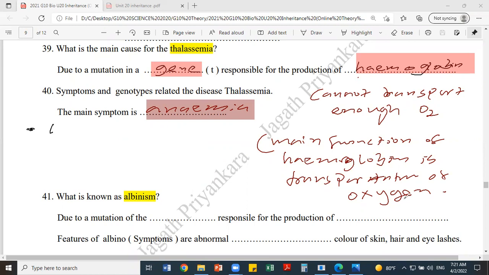Let's write capital T, capital T: healthy male or female.